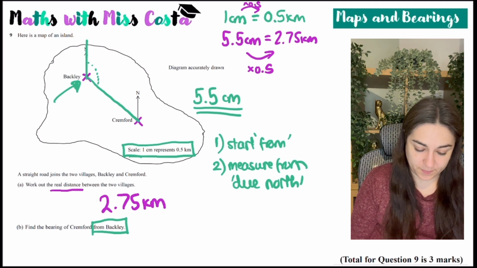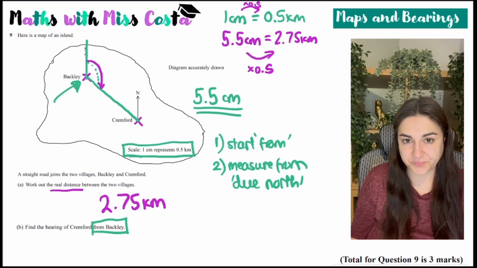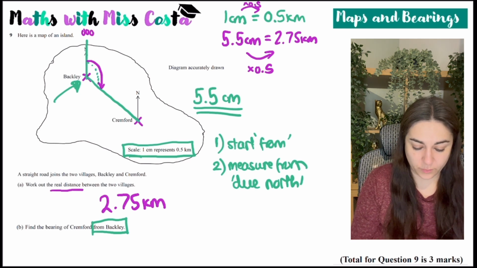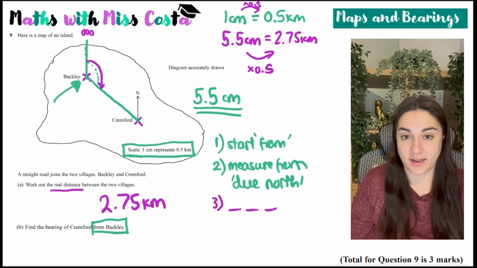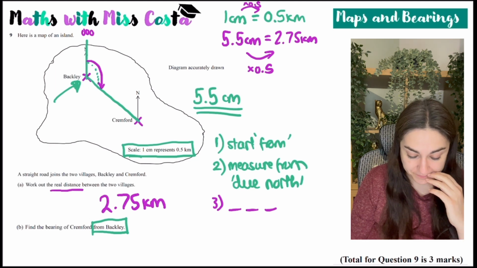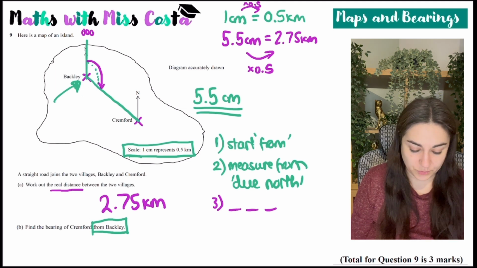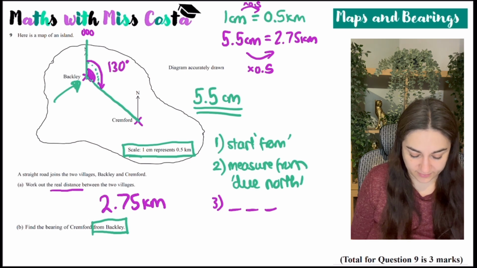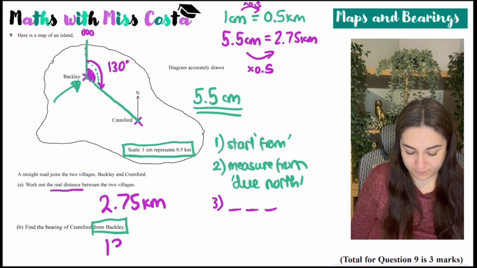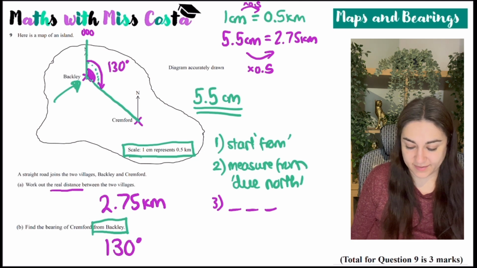So essentially what it means is you want to measure this turn. So your due bearing up north would be 0, 0, 0. Bearings are written in 3 digits, but if you've got a 3-digit angle, you don't need to worry about that. So you get your protractor, you measure this angle here, and this angle is 130 degrees. So the bearing of Cremford from Beckley is 130 degrees.